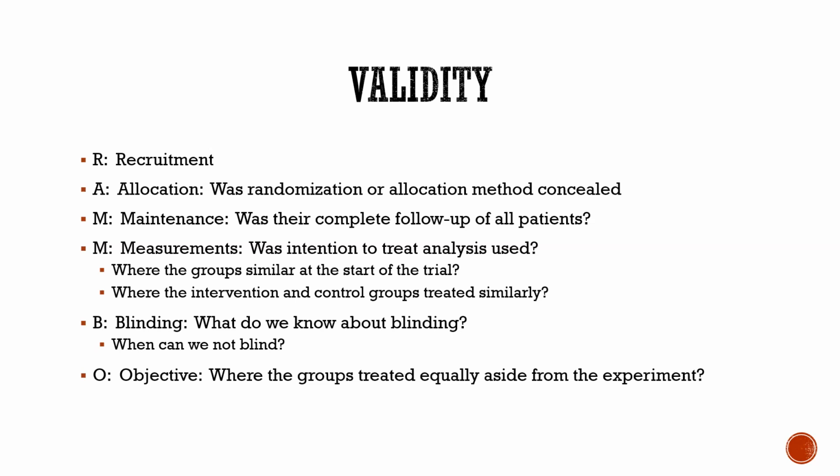So it's important to recognize this and to see what was done. In terms of blinding, does the researcher and the patient know what treatment they're getting or what they're not getting? The best type is to be double blinded. We don't want anyone to know what's going on, but obviously sometimes that's not possible.